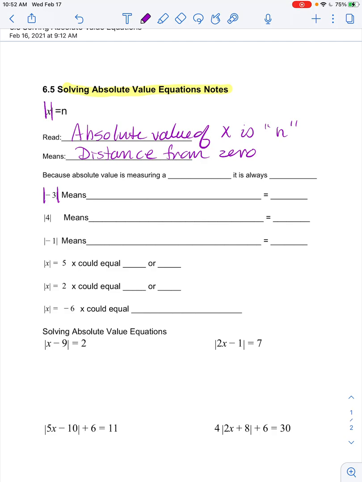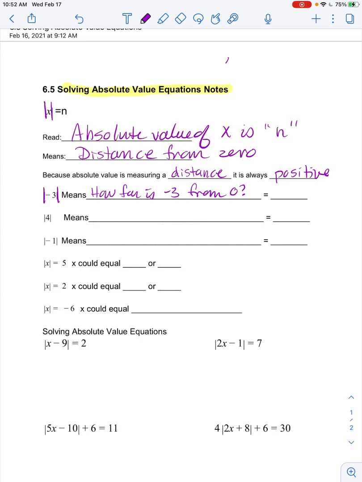So, for example, this is read the absolute value of -3. And what it means is how far is -3 from 0. It's measuring that distance from 0. Because it is measuring a distance, it is always positive, because it doesn't matter which direction.